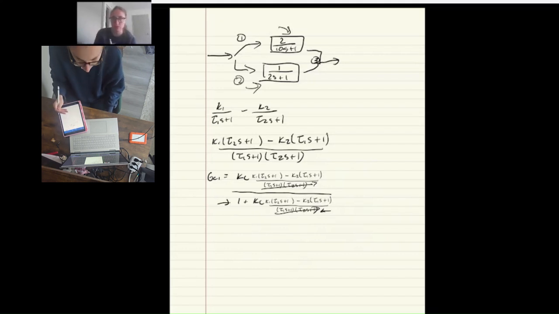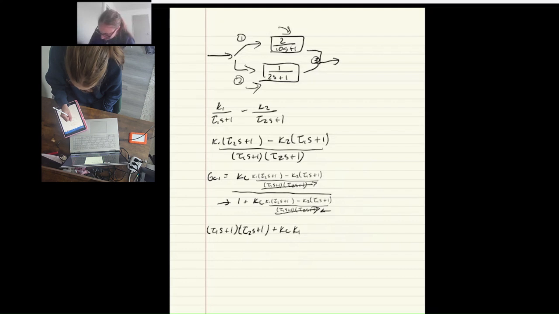So now we're going to look at the polynomial in the bottom, so let's expand that polynomial. We have tau 1 s plus 1 times tau 2 s plus 1, then plus Kc K1 times tau 2 s plus 1, then minus K2 tau 1 s plus 1. We're going to multiply these out.